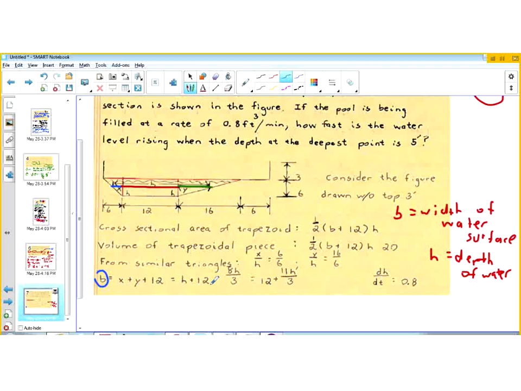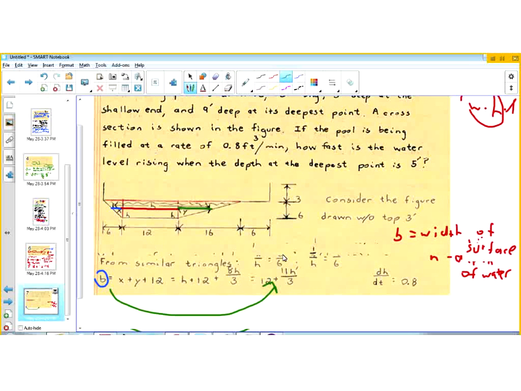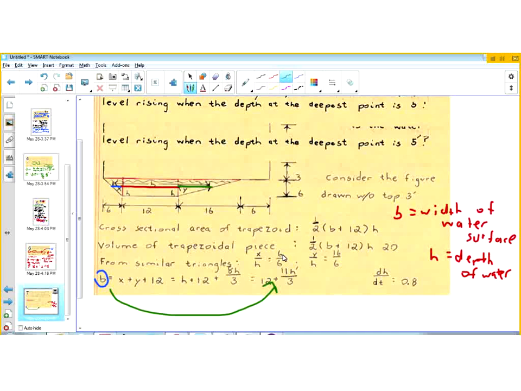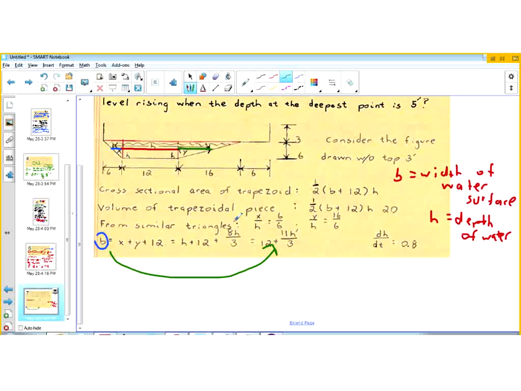But now we reformulated X and Y in terms of H. So X is equal to H, we have 12, and Y is equal to 8/3 H. So now we have a formula for B in terms of H. Pretty amazing stuff. B is now a function of H. And we want to find the change in the water height with respect to time.